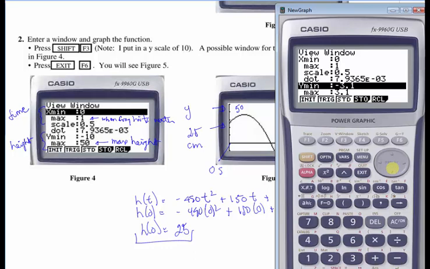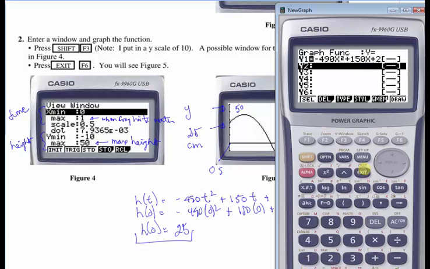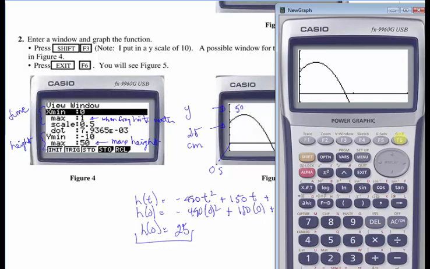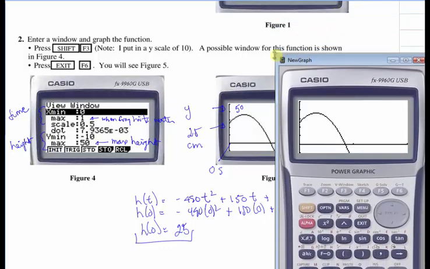Down arrow, negative 10 for my y min, execute. And my y max I'm going to put in as 50, execute, and my scale I'm going to make 10, execute, and then exit. We want to draw the graph now, so press F6, and here is your graph. It should match the picture in the diagram that I have on your handout.